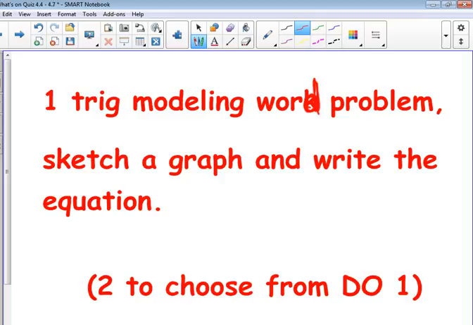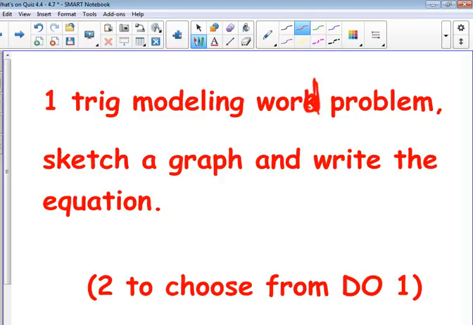You have to draw the sketch and write the equation. I'm mostly interested in your equation, but if you get the equation wrong, I can give you partial credit if you at least started the sketch, the graph correctly, okay?